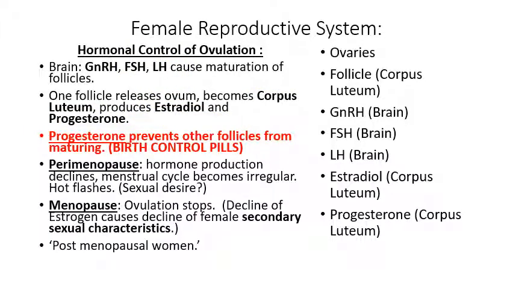Okay, now these hormones begin to falter in the late 40s or so, when a woman goes through a phase called perimenopause. During the perimenopausal phase, hormone production declines and the menstrual cycle becomes irregular. There are other changes in the body, including hot flashes.